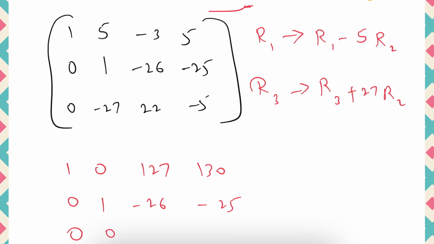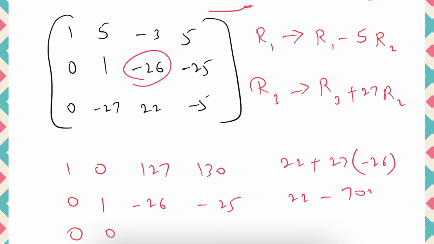Next, third element, if you move to R3 is 22 plus 27 into R2 is minus 26. So it will become 22 plus into minus, minus 27 into 26. It is 702. So 22 minus 702, it is 680, minus 680.